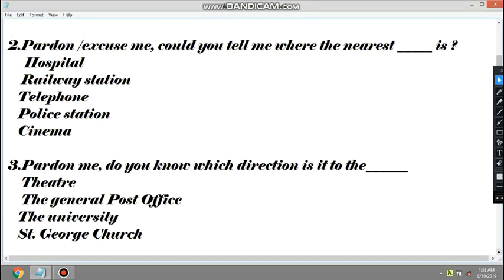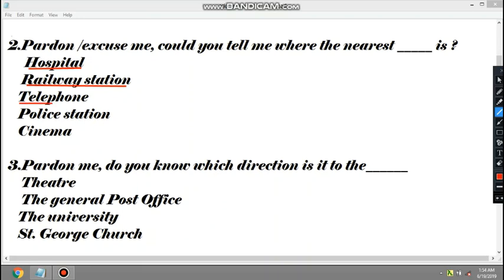In the second one, as you see, pardon or excuse me, could you tell me where the nearest hospital is? If you are looking for a hospital. Could you tell me where the nearest railway station is? If you are looking for a railway station. Could you tell me where the nearest telephone is?